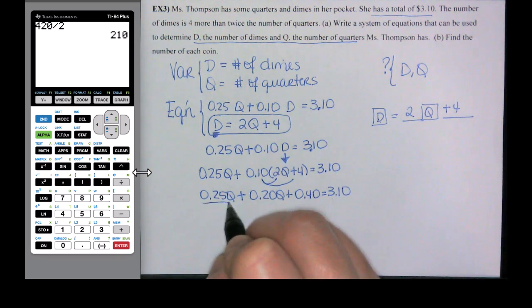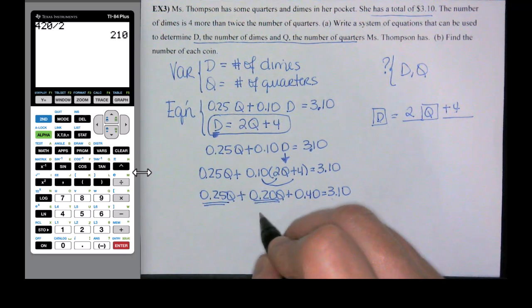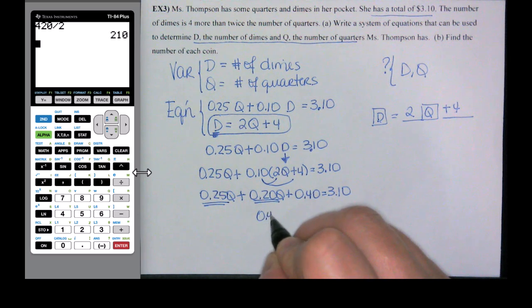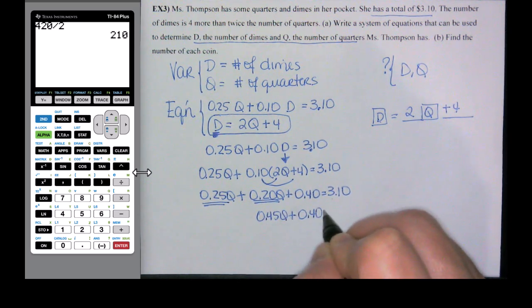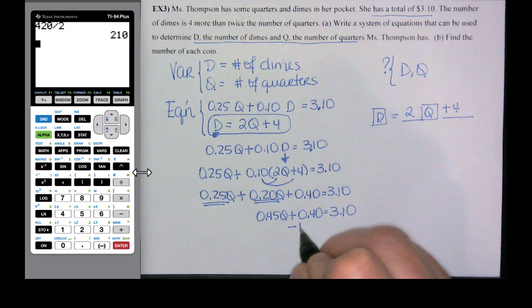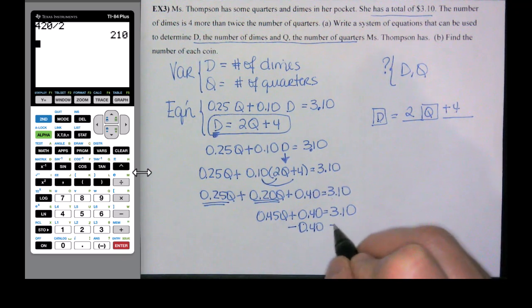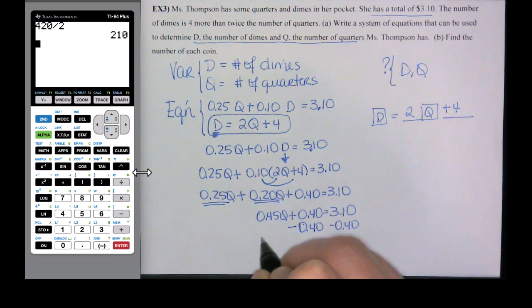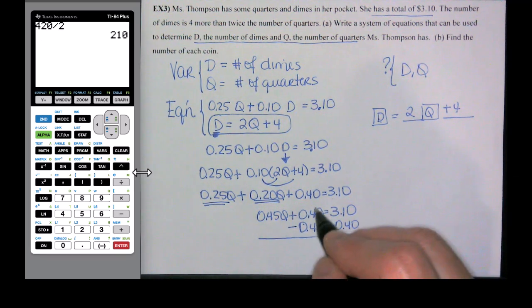Now, next order of business in solving equations, combine like terms. So we're going to combine these two. So I'm going to get 0.45 q plus 0.40 equals 310. Next, we're going to cancel the numbers. So cancel 0.40, sorry.